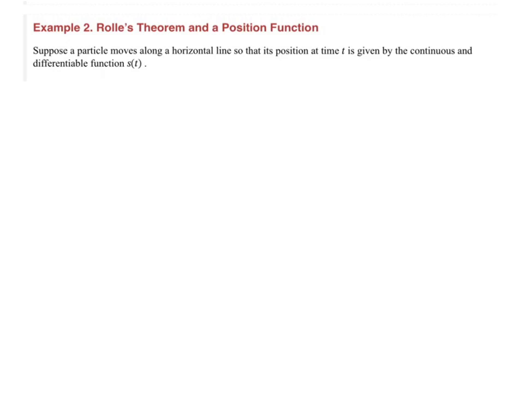So there's really nothing to do here except think about what's happening. This is a particle moving along a horizontal line, so it must be zooming back and forth right here. What it's saying is if its position at time a is equal to its position at time b, then at some point along its path, it hit velocity equals 0.